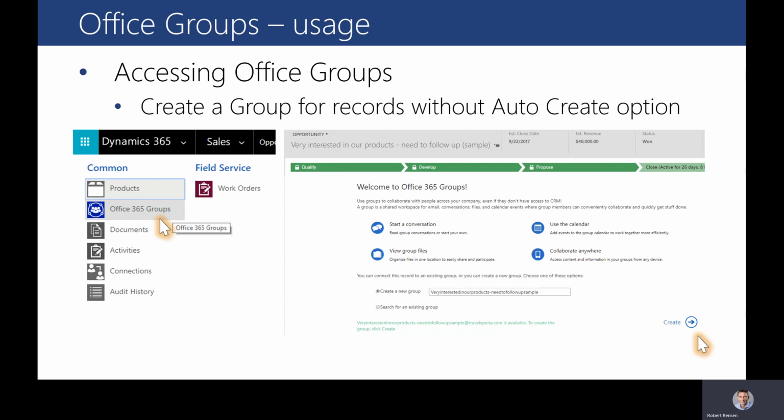Well, you can configure Office 365 groups to be created for Dynamics 365 records, such as opportunities, automatically. You can also do this manually if you need more granular control. And this concludes the integration with Office 365 groups section.